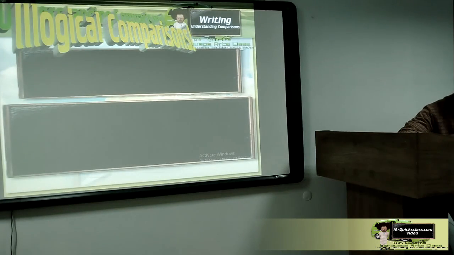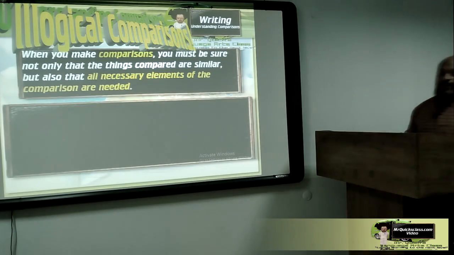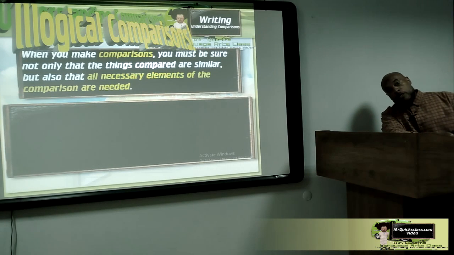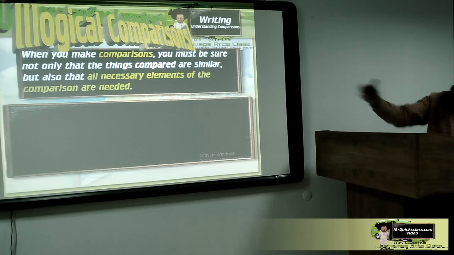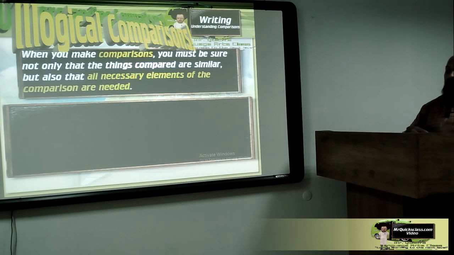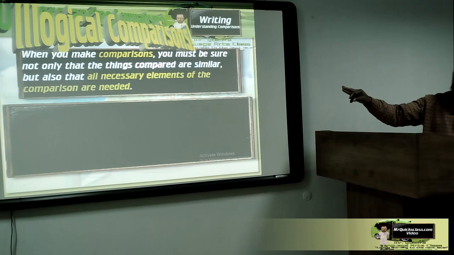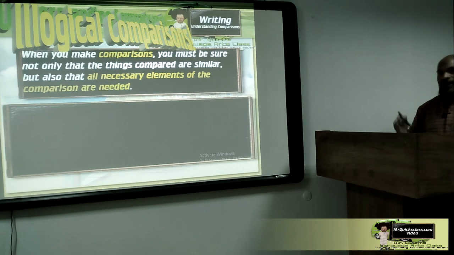Let's try this again. All right, illogical comparisons. Now it gets a little more complicated. When you make comparisons, you must be sure not only of the things being compared, but you also need to be aware of whether or not the two items you're comparing can be compared.